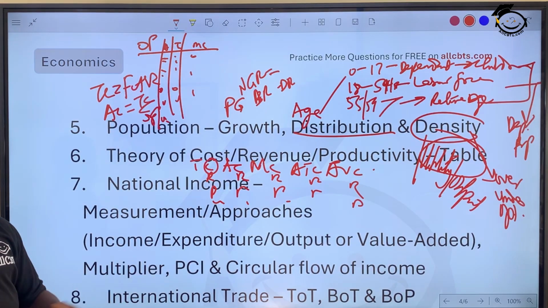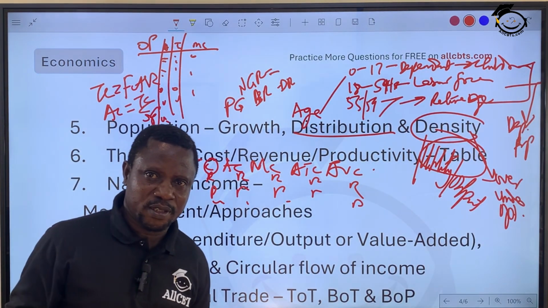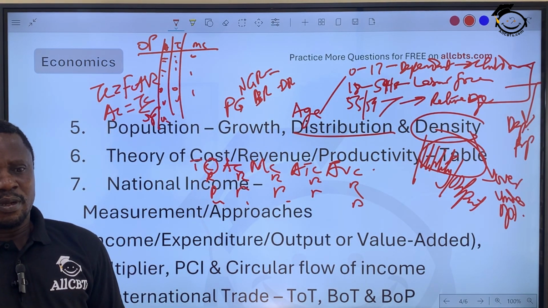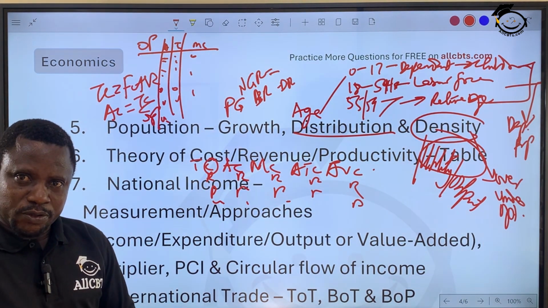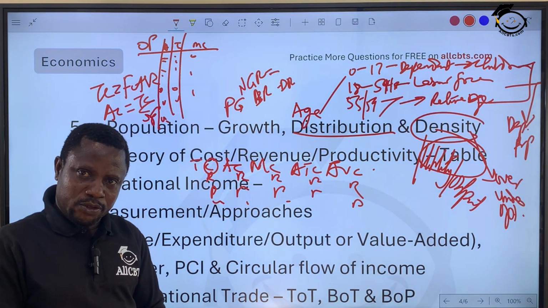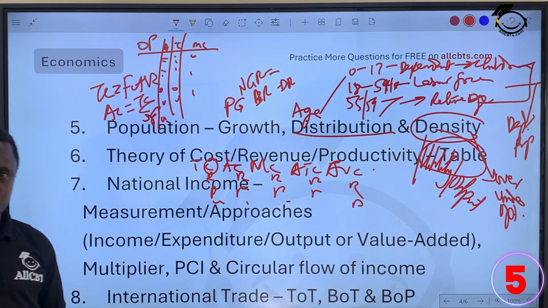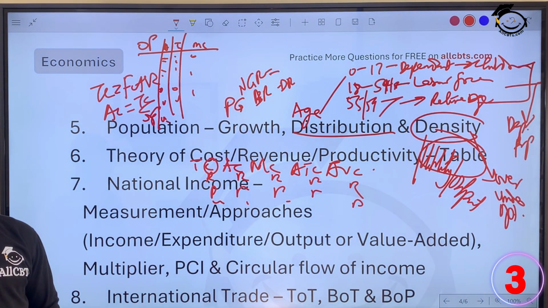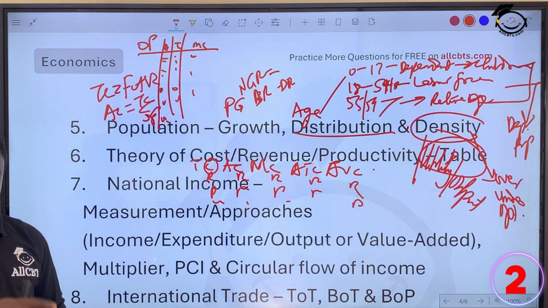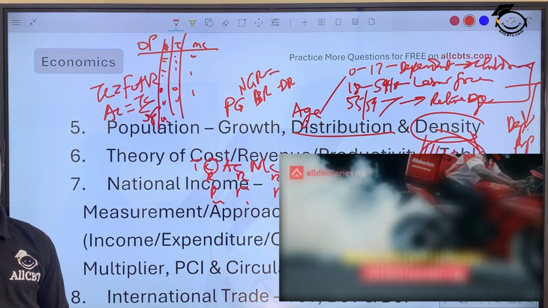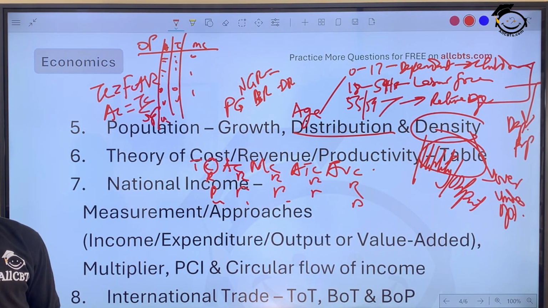Total cost. What is total cost? Total amount of money you spent to produce a good or a service. A part of that cost could be fixed cost, the cost that does not change, like the building. Then you have variable costs, the ones that change, like salaries: the more you work, the more you pay, and all those other daily running costs of administration.